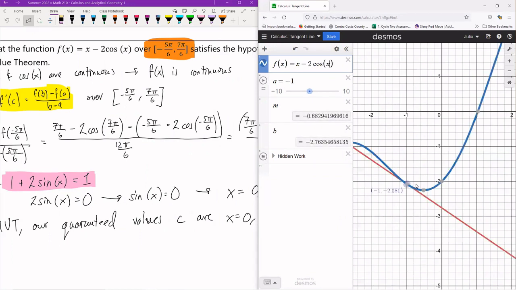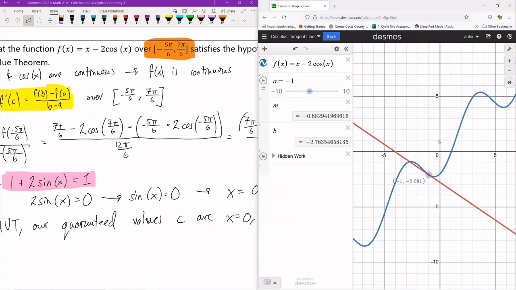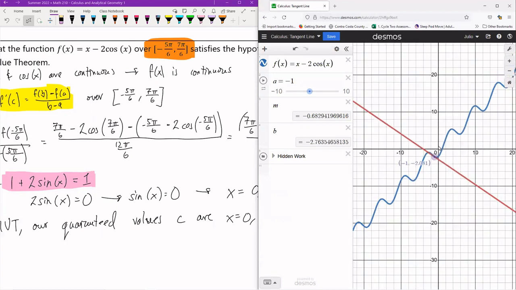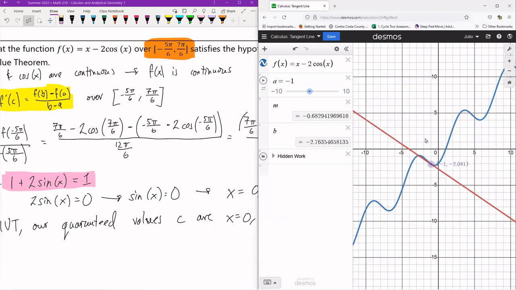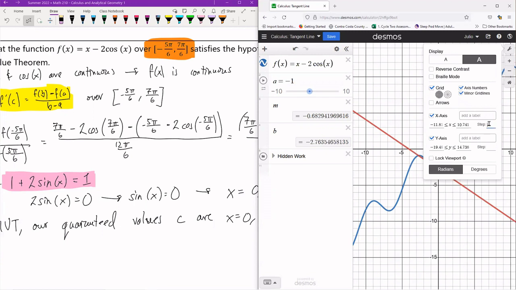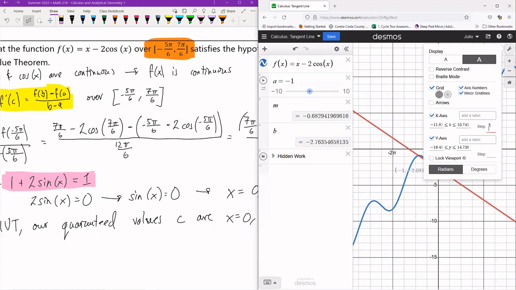Let me zoom out a little bit so you can see how wonky this looks. It's basically a squiggle that continues to climb. I'm going to change the settings so the tick marks can show up, and I'm going to do them by pi over 6.